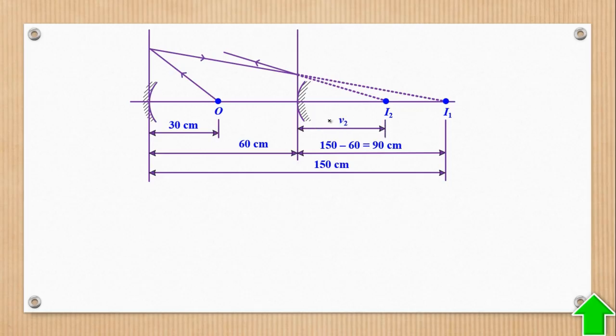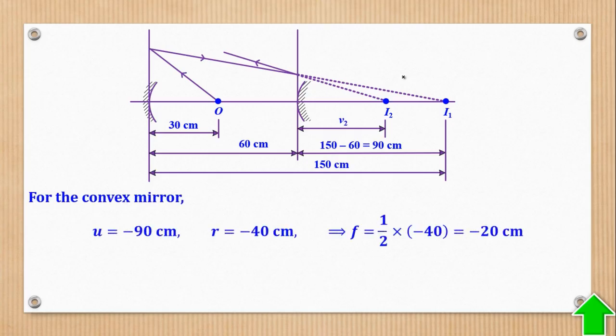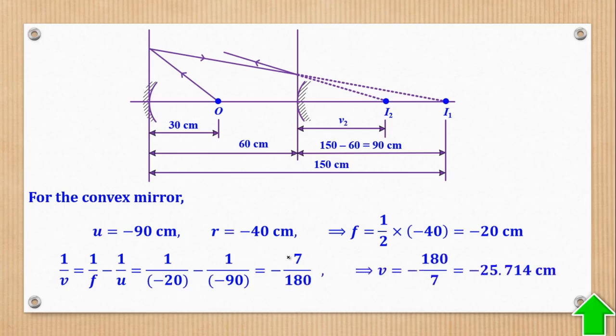Then the final image distance is V2, which we don't know and have to calculate. For the convex mirror, U is negative because this is virtual. R is negative because it is a diverging mirror. Focal length is negative. Therefore, make 1 over v the subject, and you'll come up with negative 7 over 180.